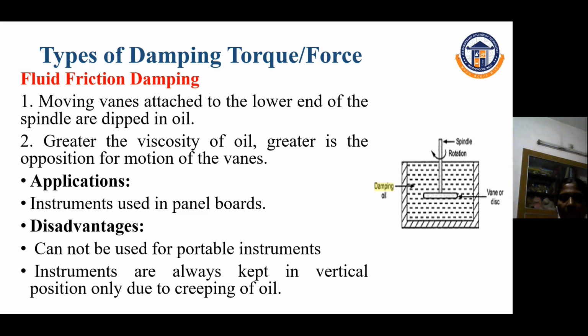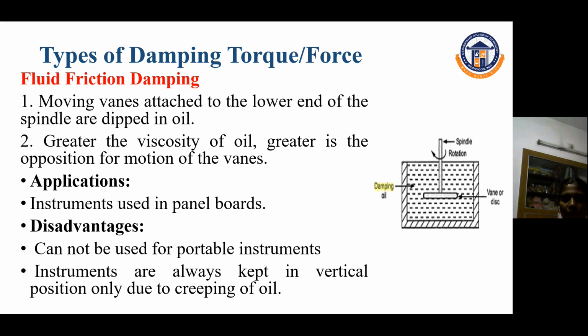Another damping force is provided by fluid friction. Moving vanes are attached to the lower end of the spindle and dipped in oil. The greater the viscosity of the oil, the greater the opposition to the motion of the vanes. Here we are using this in instruments on panel boards, and what are the disadvantages?